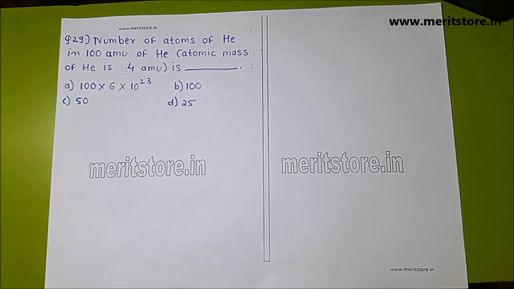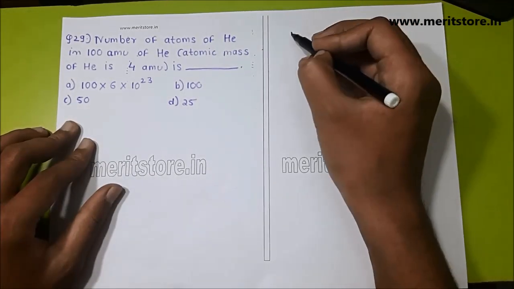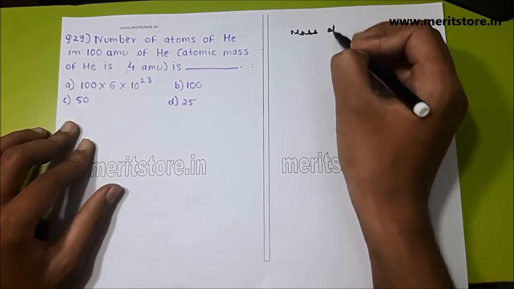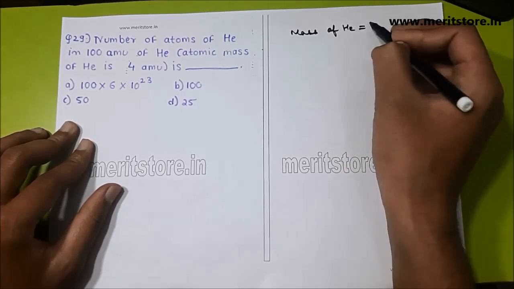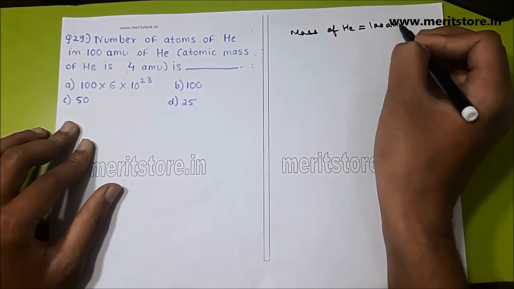Question number 29. The number of atoms of He in 100 AMU of He, that is atomic mass of helium is 4 AMU, is: A, 100 into 6 into 10 raised to 23; B, 100; C, 50; D, 25. Mass of helium is equal to 100 AMU, which is given.